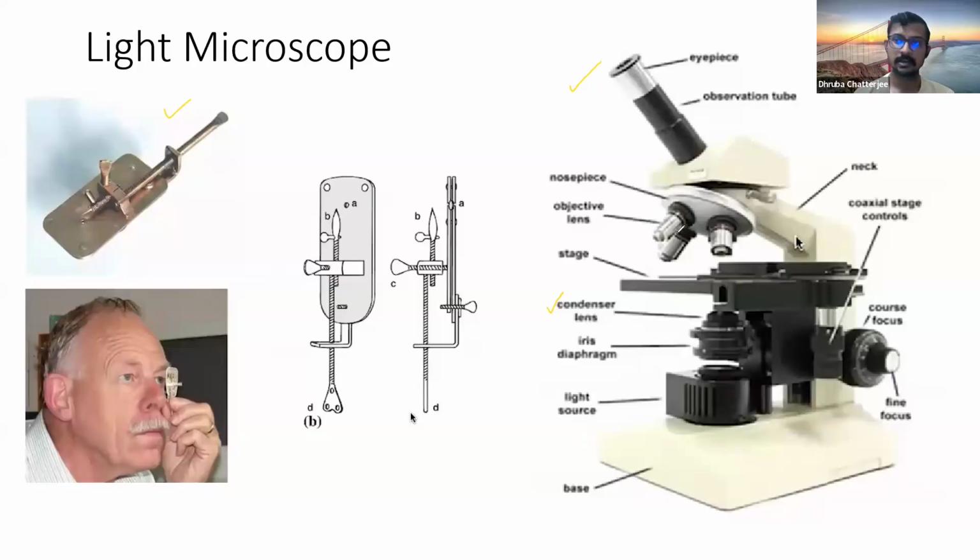You can have 10x, 40x, 60x, 63x objective lenses, and then the eyepiece lens or the ocular lens, on top of which you place your eye and eventually you get to see the magnified image. So this compound microscope has several different lenses and actually provides much higher magnification capabilities as compared to the simple light microscope, which is more like a magnifying glass.